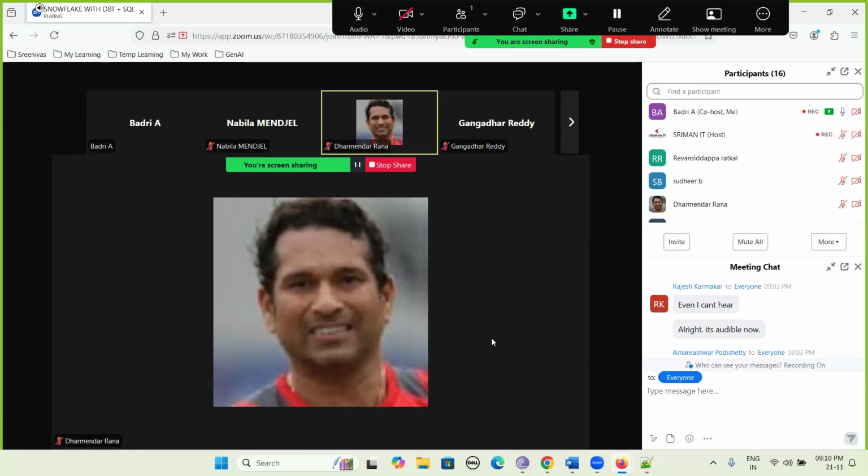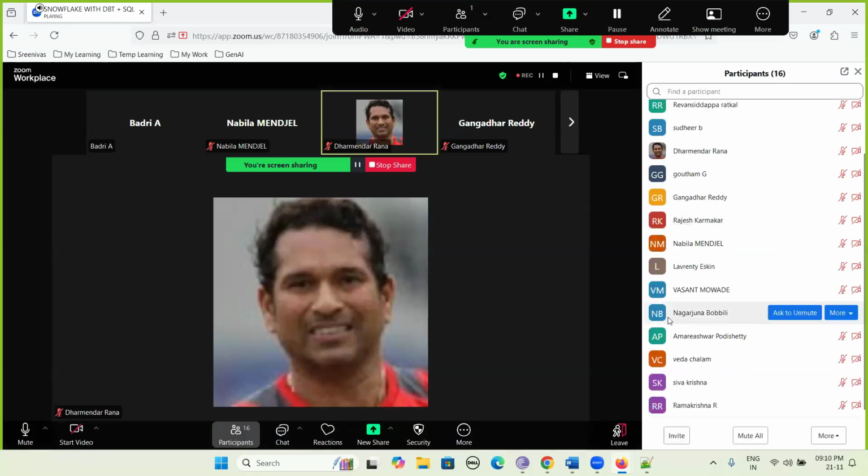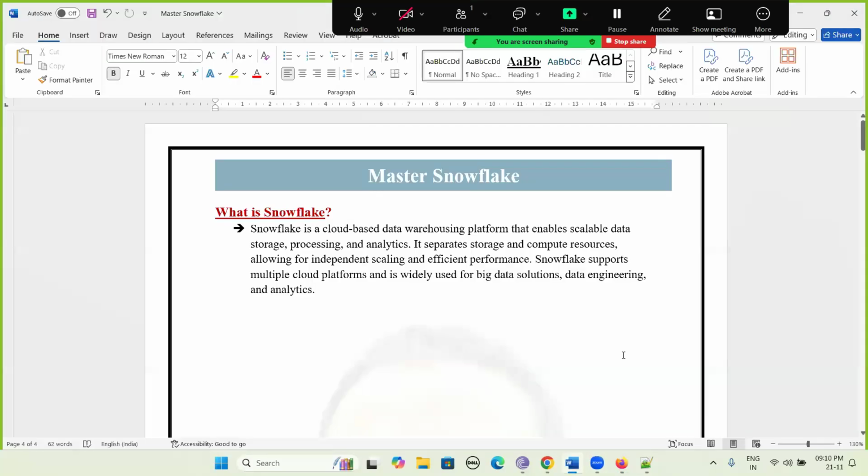Yes. Any other person know anything about Snowflake? Okay, no problem. So Snowflake, as Rana said, is cloud data warehousing.